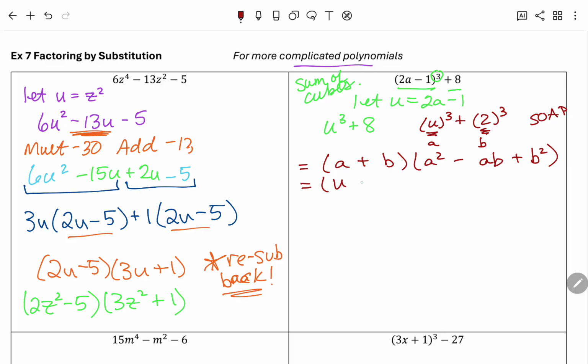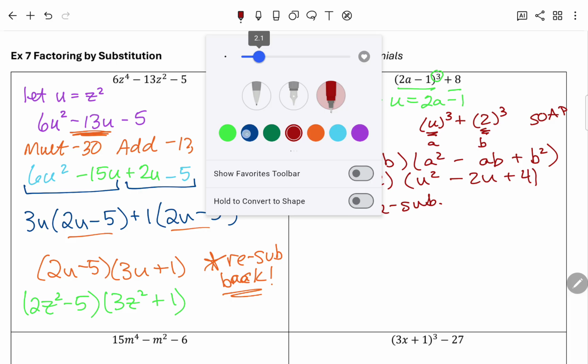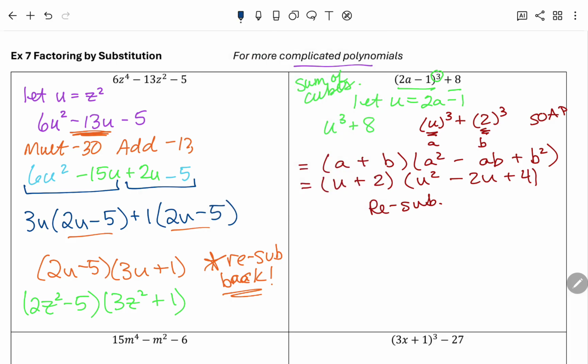So we're going to say u plus 2 times u squared minus 2u plus 4. You're not done. You have to re-substitute back, right? Re-substitute. So let's change our color. And instead of a u, we're going to have 2a minus 1 plus 2 and 2a minus 1 minus 2 times 2a.